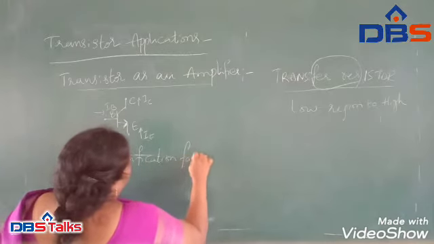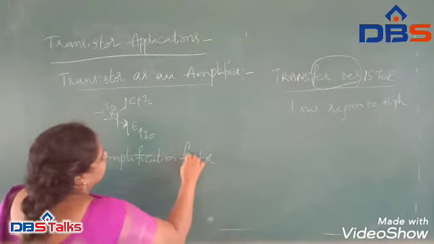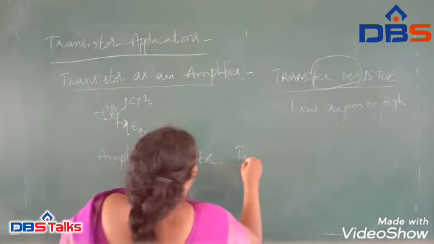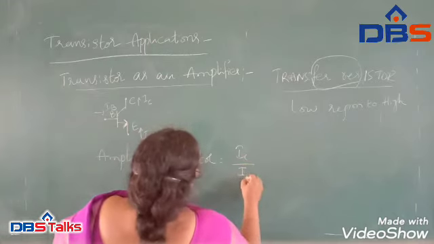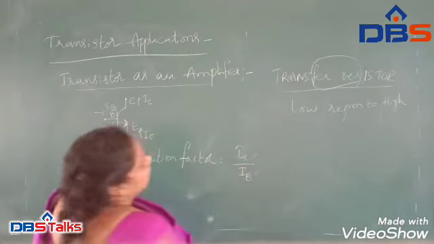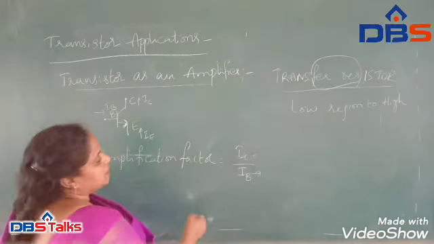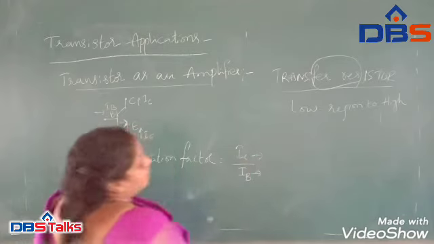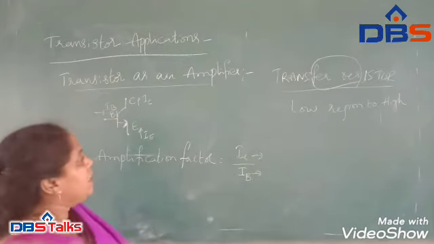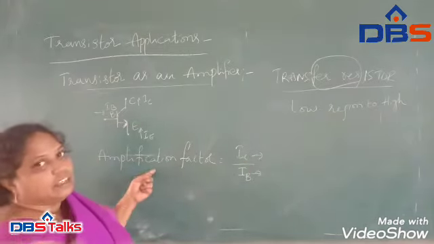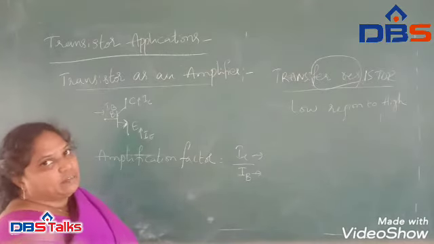We can define it as the ratio of IC by IB, that is output by input, where the base current changes and the collector current changes in response to the base current changes. That we define as the amplification factor.